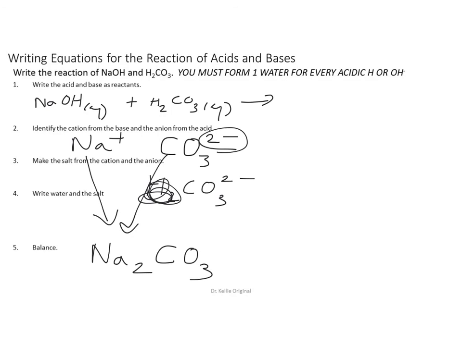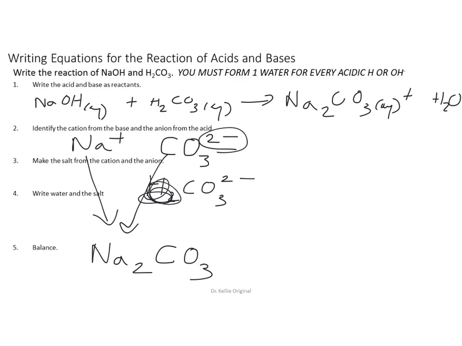Let your nomenclature rules and your charge dictate your salt. I didn't look at my equation and say I have 1 sodium and 1 carbonate. No, I said I've got a -2 charge on my carbonate, so I need 2 sodiums to balance it out. Then I have water.